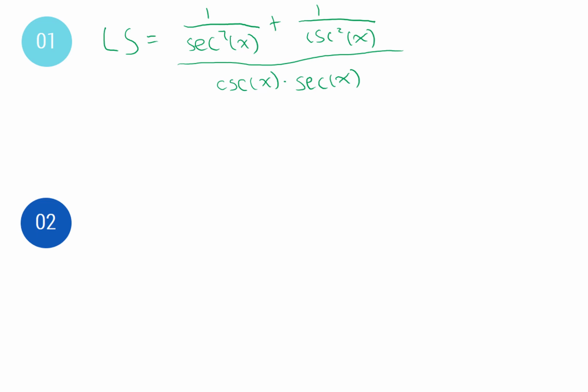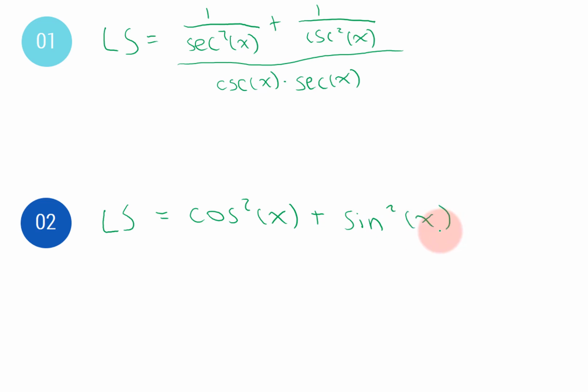We will try to take our reciprocal identities that you can see here and manipulate them to become primary trigonometric ratios. So let's first change 1 over secant squared x and 1 over cosecant squared x into their reciprocal identities. 1 over secant squared x would become its reciprocal of cosine squared x. 1 over cosecant squared x would become its reciprocal of sine squared x.